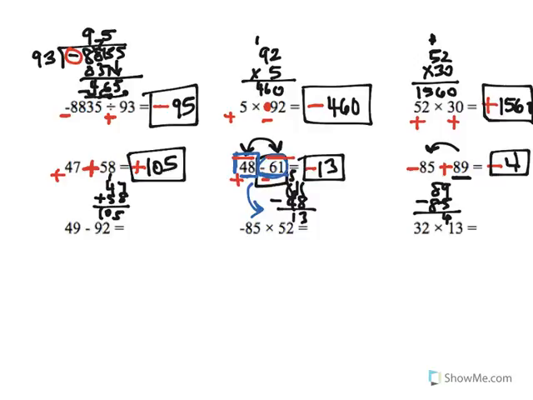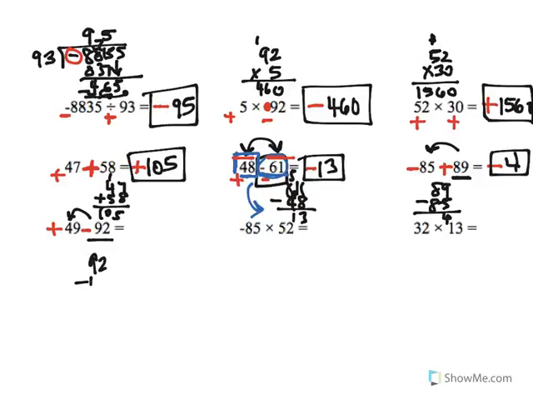This one here, I have positive 49 minus 92. This number is bigger than this number. The second number is bigger than the first.